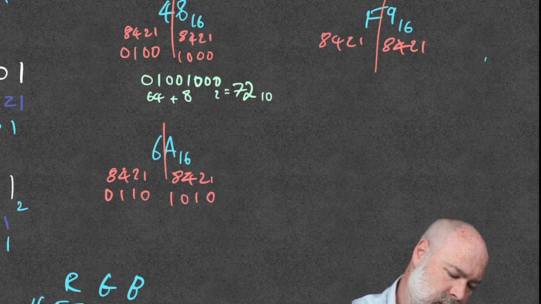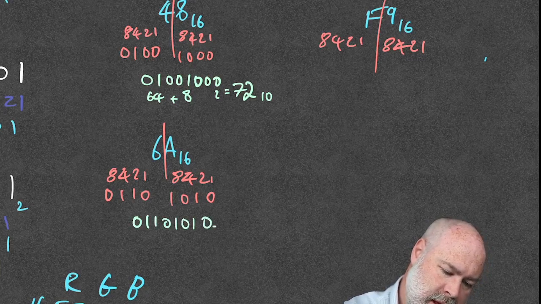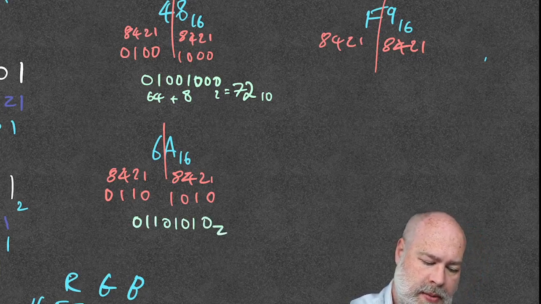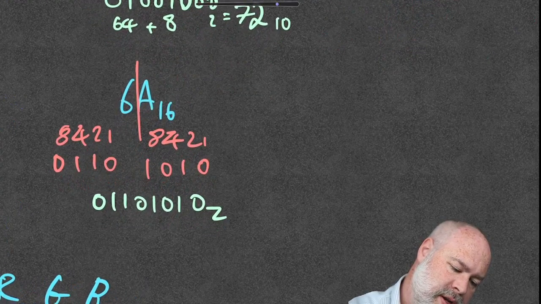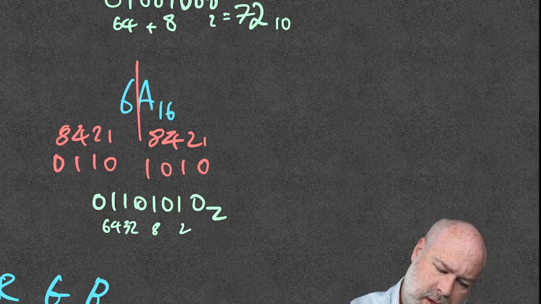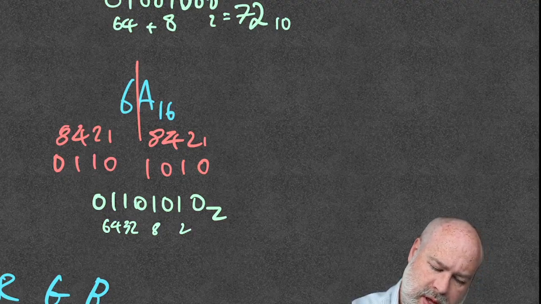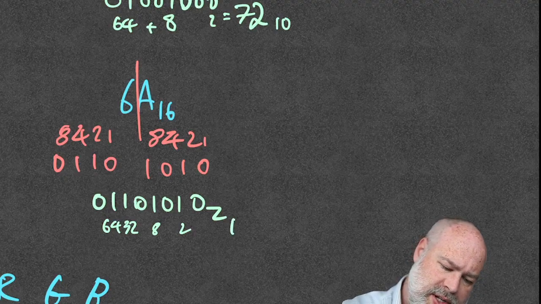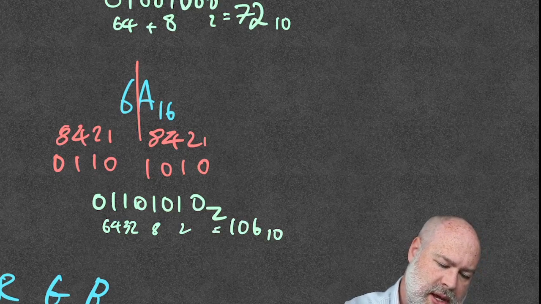So combine them all together. That's our base 2 number, that's our binary number. And if we want to get the equivalent denary number, we just total up the value. So 64, 32, 2 and an 8. All right, so 32 plus 8 is 40, 104, 106. All right, 106 in denary.